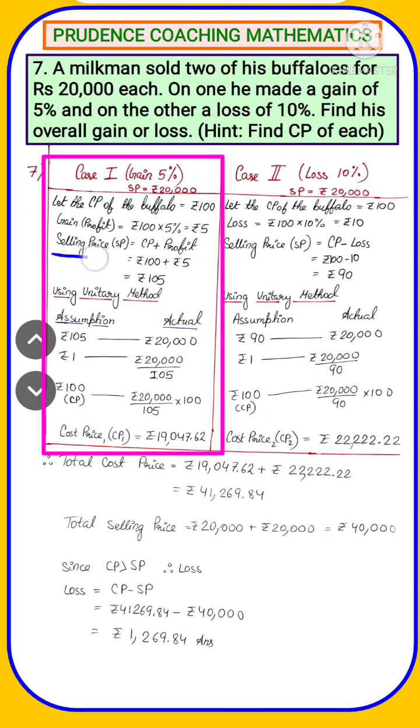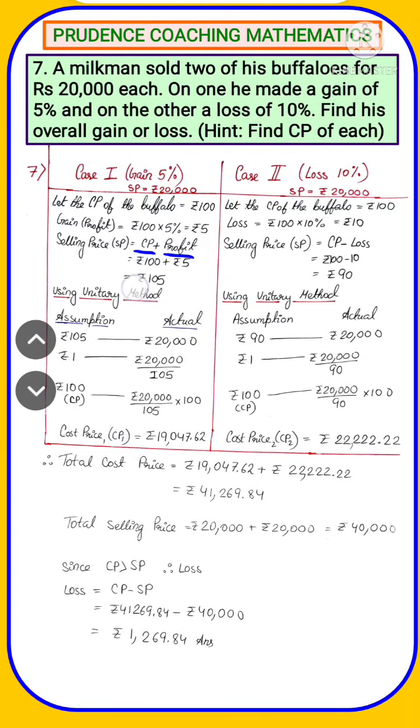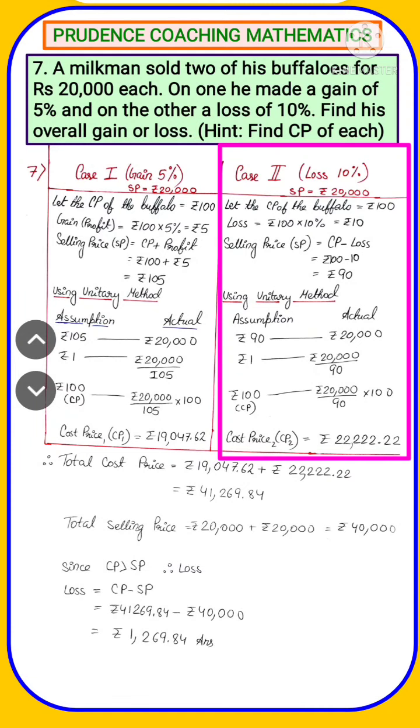Now selling price. As there is a gain, you need to find out the selling price by adding profit to cost price. So here cost price was rupees 100. On it the milkman made a profit of rupees 5. So here selling price is 105. In the same way we are going to assume on the right hand side in case 2.